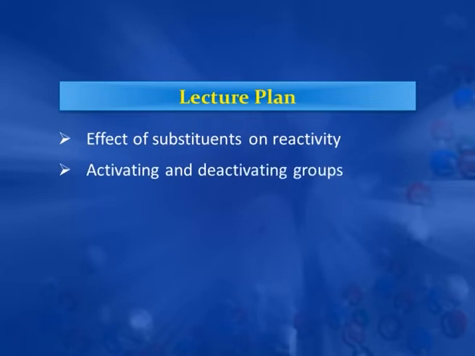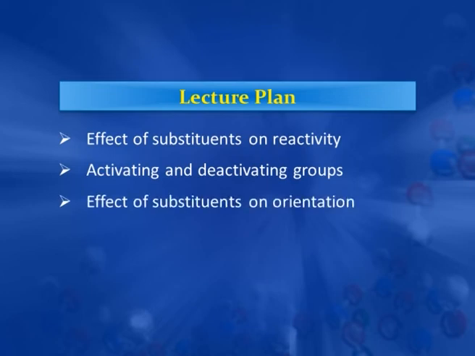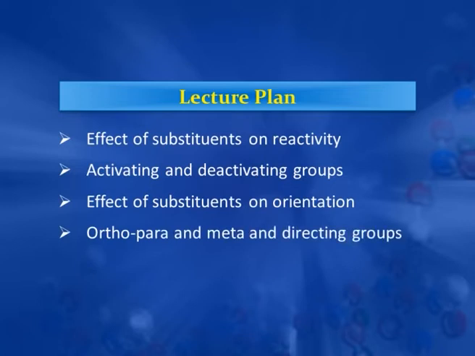So, we will see which groups are activating and which groups are deactivating, and further we see the effect of these substituents on orientation, that means on which position the attack of the incoming group will take place, and that is known as orientation, and that can take place on ortho, para or meta position.